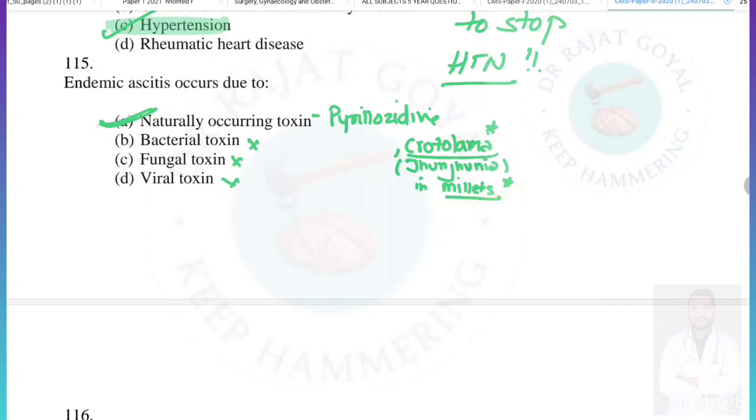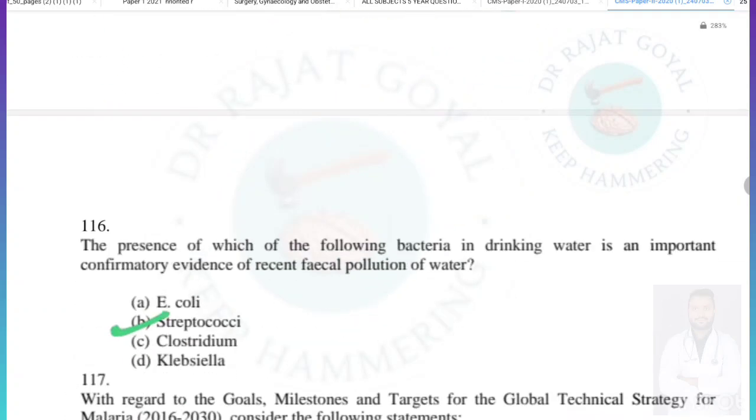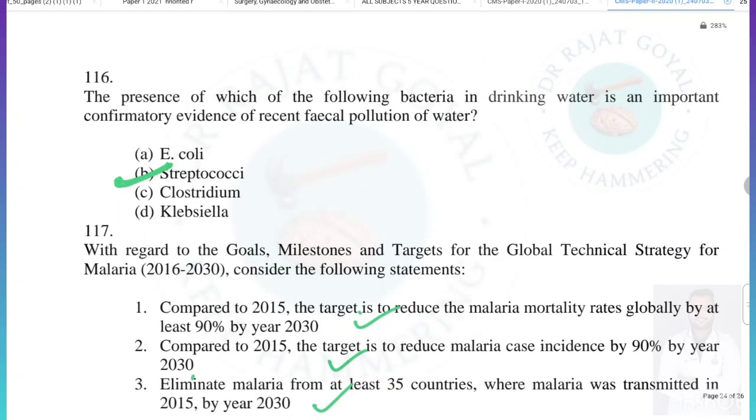So answer here will be naturally occurring toxin, option A. The presence of which of the following bacteria in drinking water is an important confirmatory evidence? Generally we do E. coli for the plate count. But if it is asked for the confirmatory evidence of recent fecal pollution, then it is streptococcus.